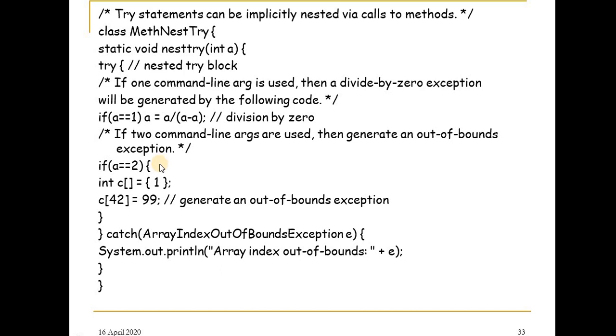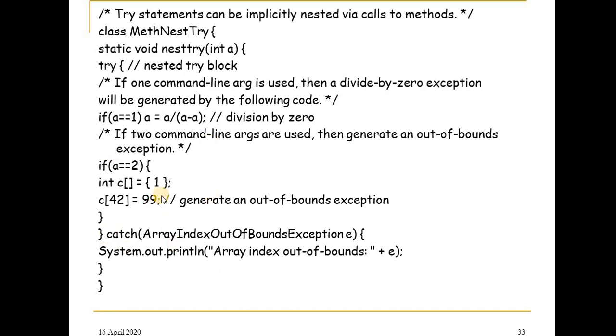If it is true, you are going to generate an array index out of bound exception. Since array index 42 is accessed, the C array does not have an index of 42. It just has an index of 0 with the value 1. It does not have an index of 42. So when you try to assign value for C of 42 is equal to 99, it will generate an array index out of bound exception.